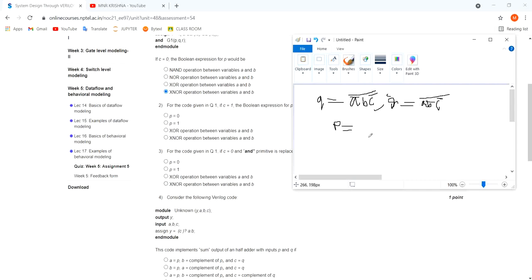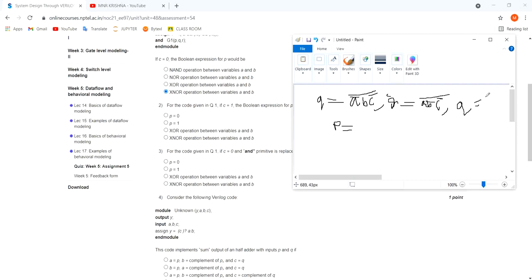So Q is equal to, if C bar is 0, the whole is 0 and whole bar will be 1.